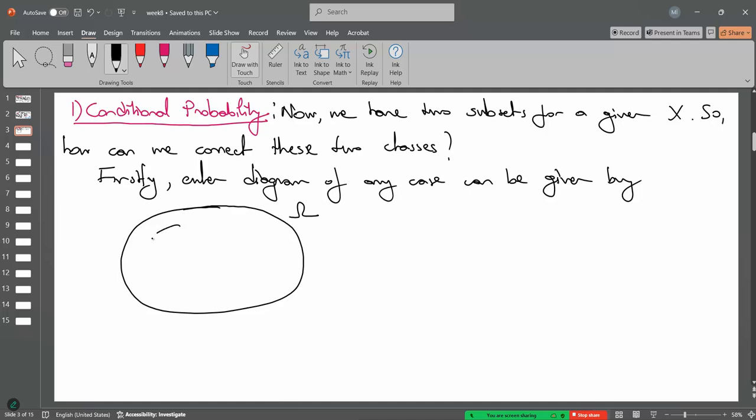Okay? And also we can draw the A class in here, and also the B class in here. B is contained in the A, and also this is B1, and also we can draw this as B2, and this is B3.